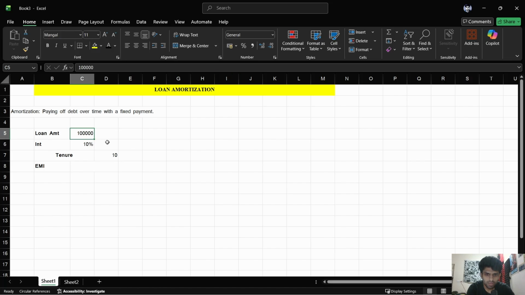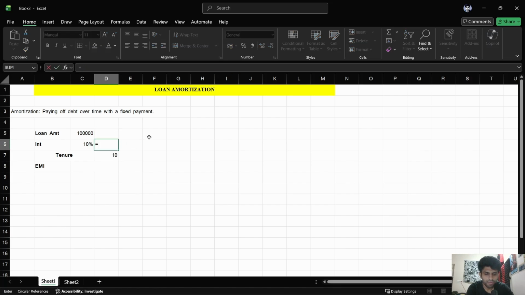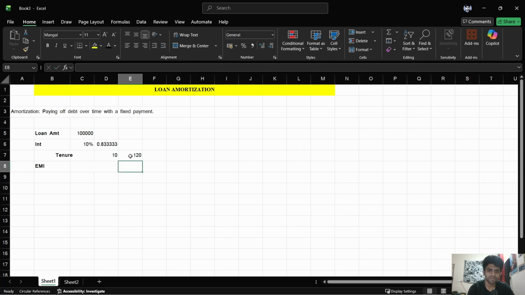For the interest, we would be taking the percent divided by 12, because the interest is monthly. And for the tenure, as we are paying monthly, it would be 10 years and each year has 12 months, so it is 120 months.